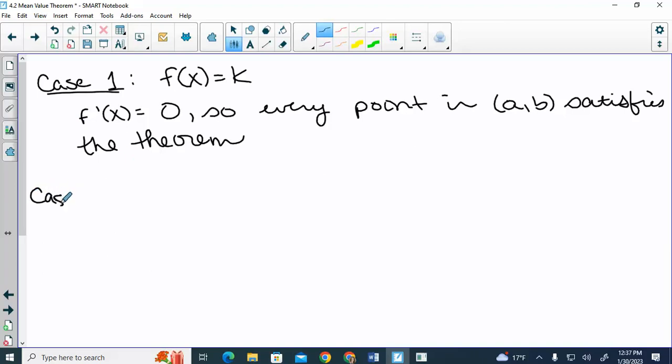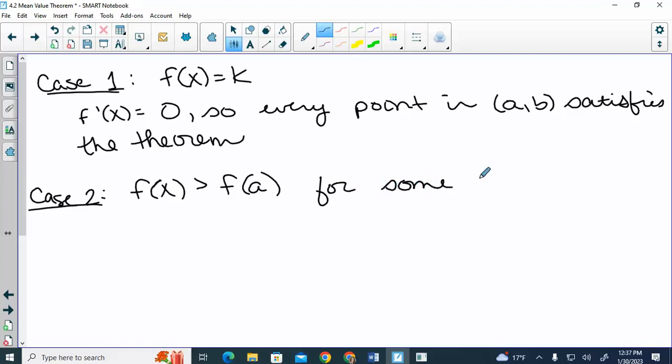Second case. So let's say that my function, f of x, is greater than the endpoint at a for some value in the interval a to b. Okay, so a is my starting point, and I'm saying if it's not always constant, then maybe somewhere it's higher than it started.